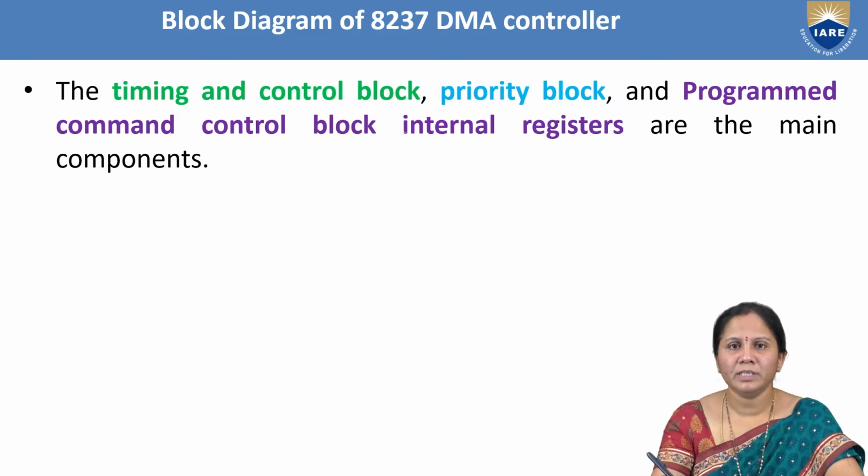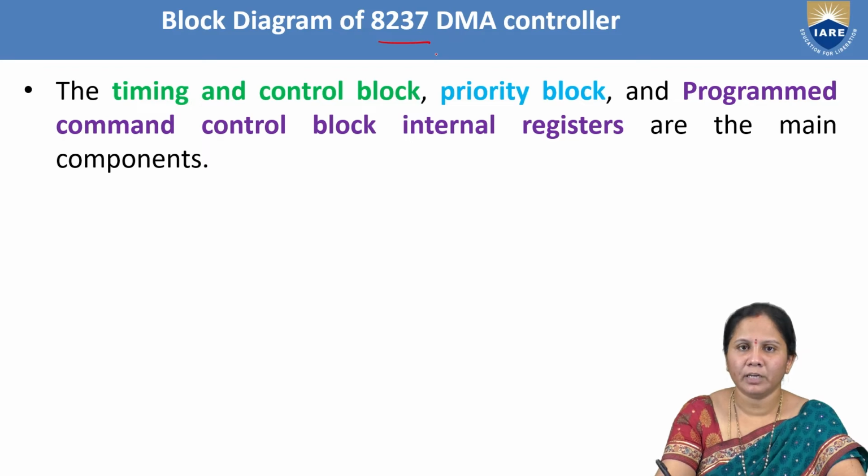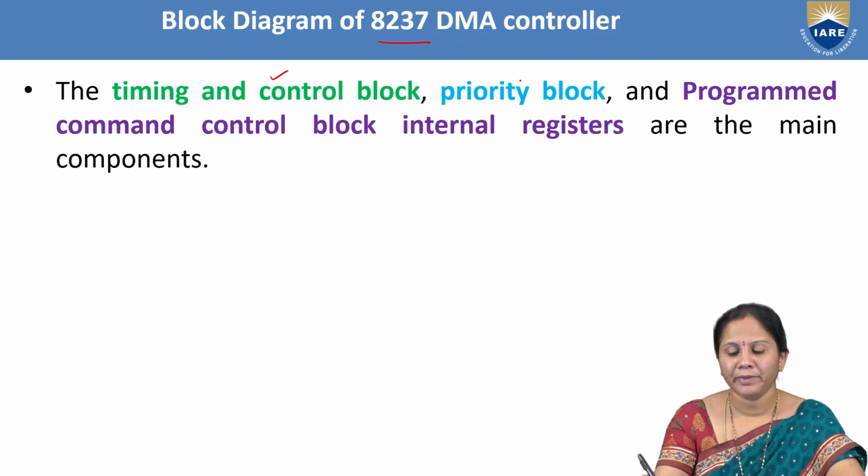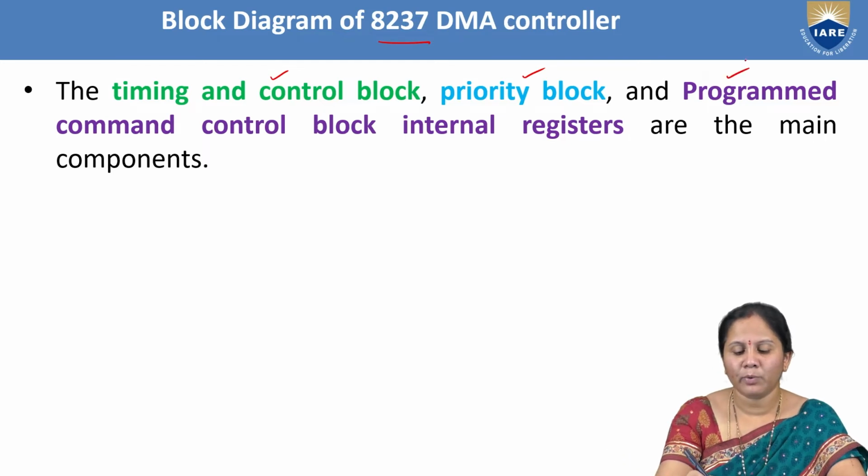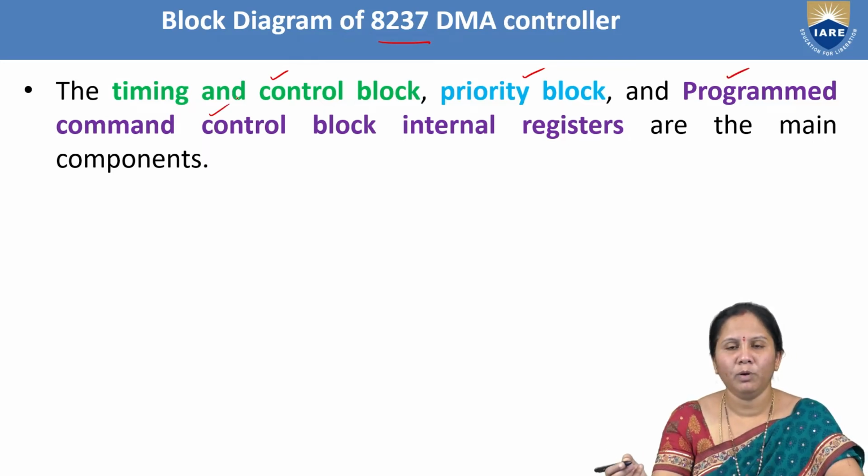Next, we have just seen the block diagram of the 8237 DMA controller. In that we have observed the important block called the timing and control block, and below that we have seen the priority block, and next the programmed command control block.